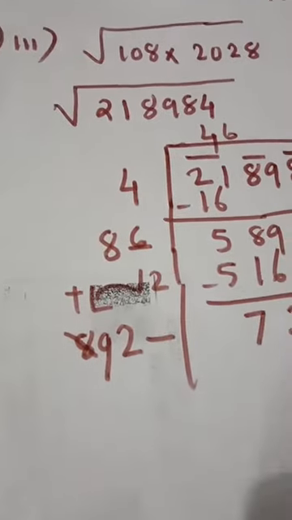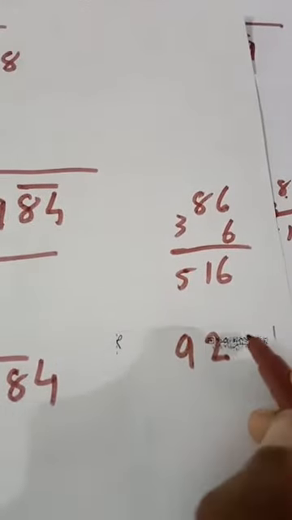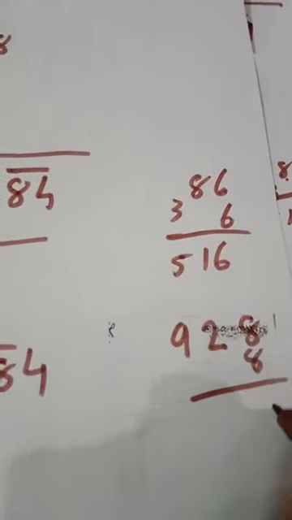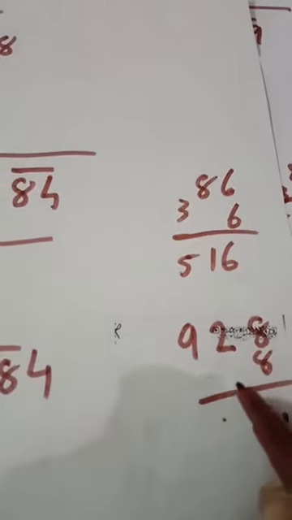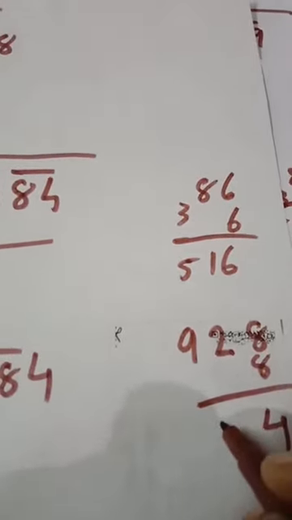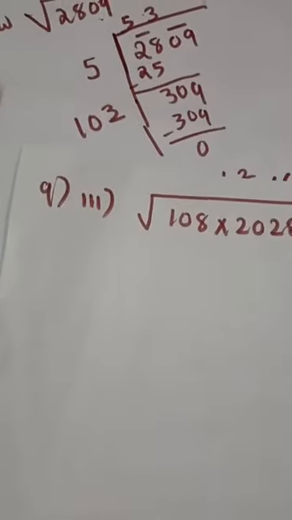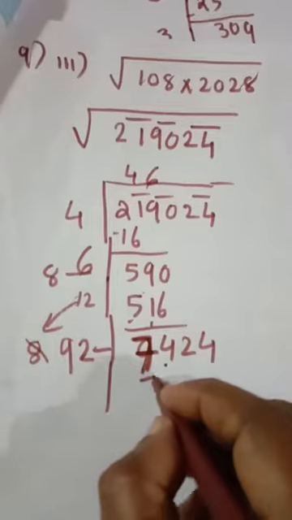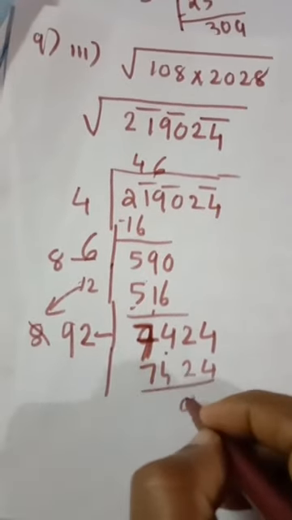So 920 something. So we can take 928. So 7,424.